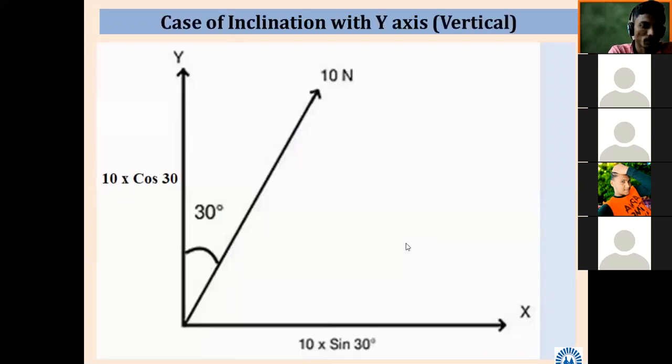Now let us take one more example. Here you can write the statement. Find, number 2, a simple problem again. Find the x and y components of the force of 10 kilonewton inclined at 30 degrees with the y-axis.